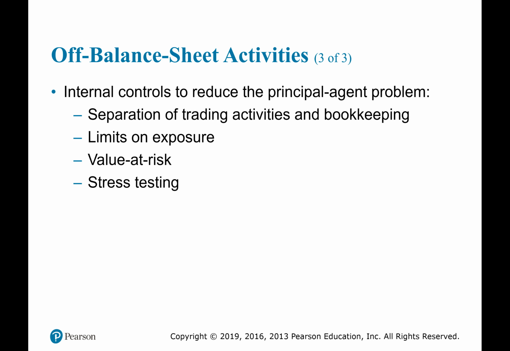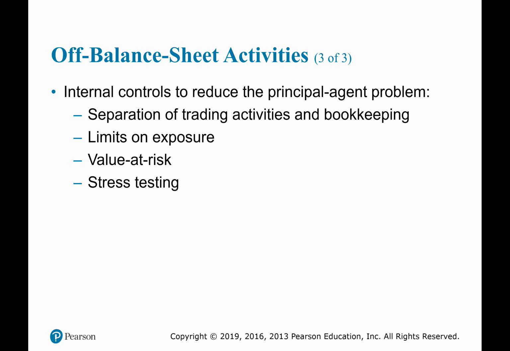You can use internal controls to try and solve that problem. So do separate the trading activities and the bookkeeping. Most of the problems that have occurred in terms of banks even going bankrupt because of a single rogue trader can be solved by separating out the bookkeeping and the trading activities. Limits on exposure, so telling the traders that you can't be exposed by any more than this amount.